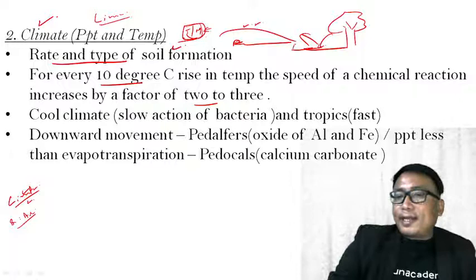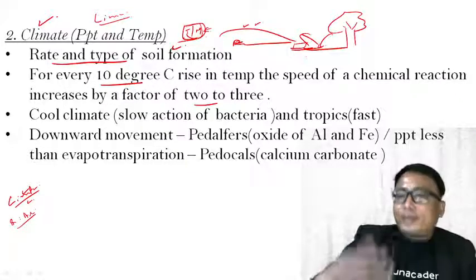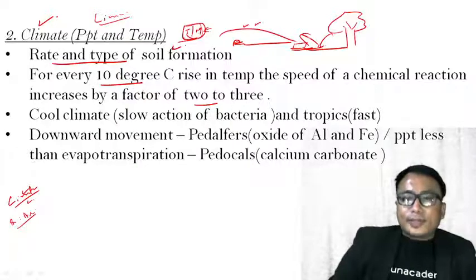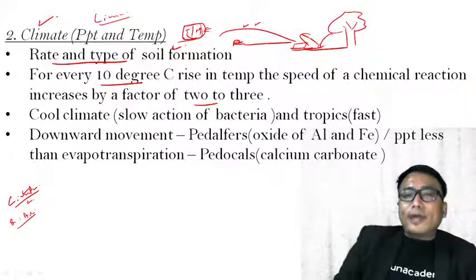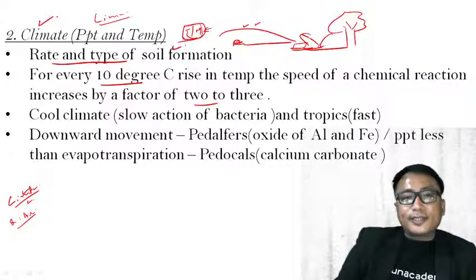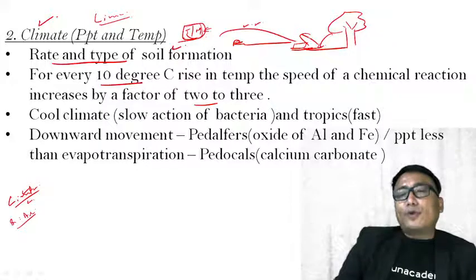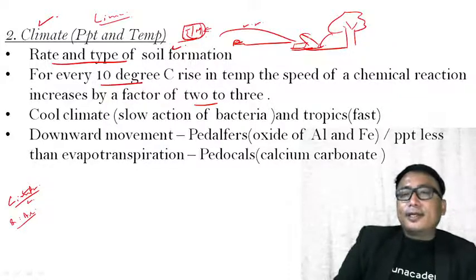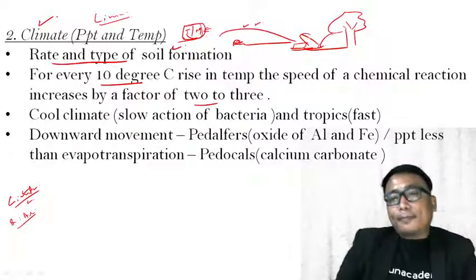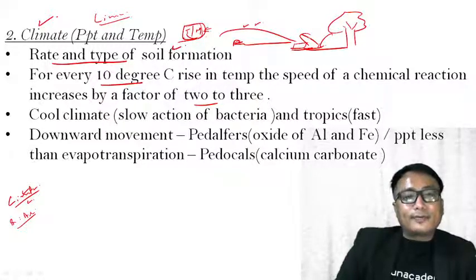Now, the rate at which this will decay and decompose depends upon the temperature, because for every 10 degrees centigrade rise in temperature, the speed of chemical reaction increases by a factor of 2 or 3. Now, this organic matter, ultimately the humus, is also going to become a part and parcel of the soil itself.